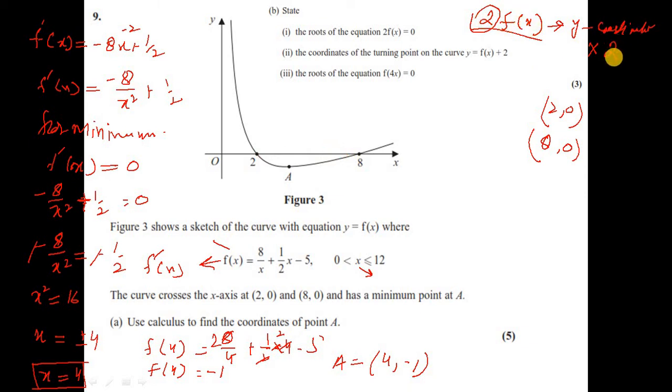Only y coordinates are multiplied by 2. Both y coordinates are 0, so after stretching the y coordinate stays the same, so there is no change in the root. So the roots of 2 f of x remain the same. That means your roots are still 2 and 8. These are the roots of 2 f of x.